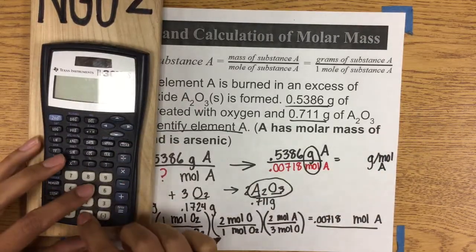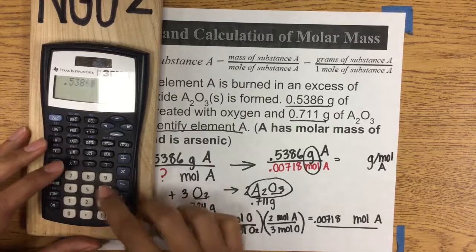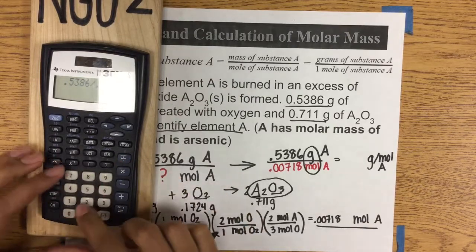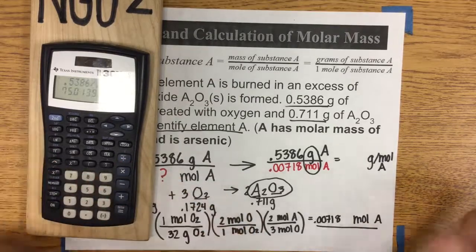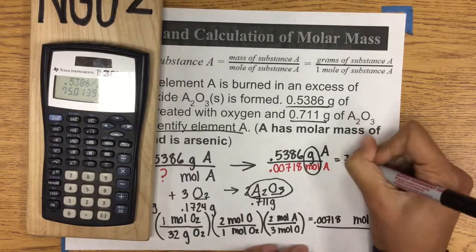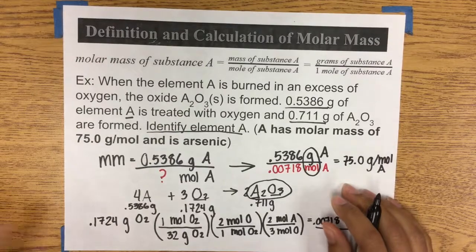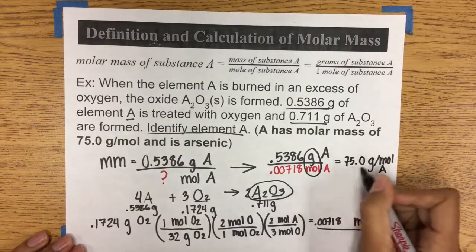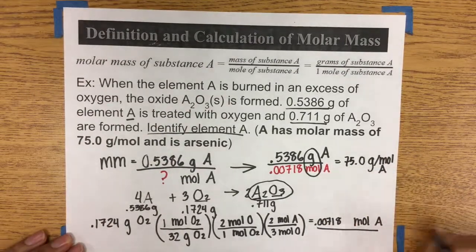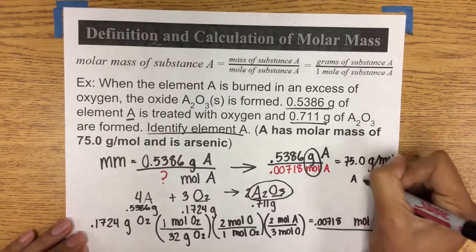So now we just divide and we get 75.0. And if you look for an element with a molar mass of 75 grams per mole on the periodic table, you will find that it's arsenic.